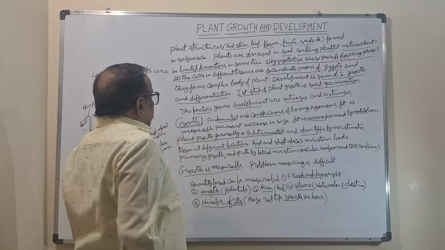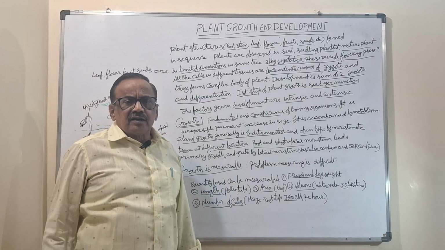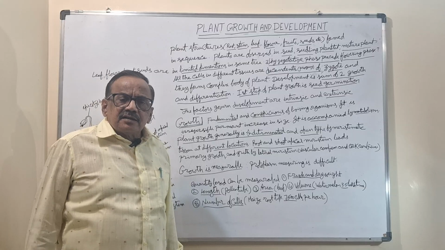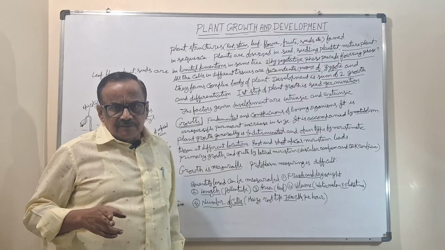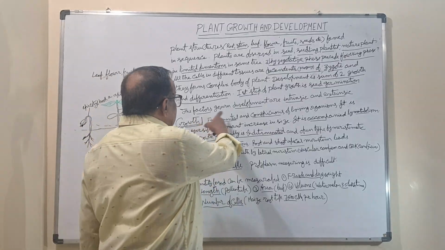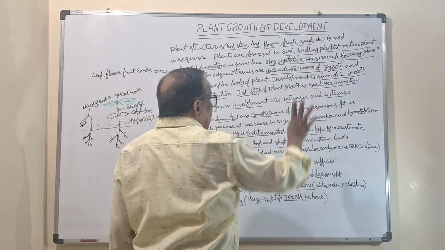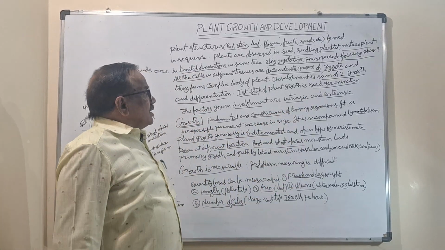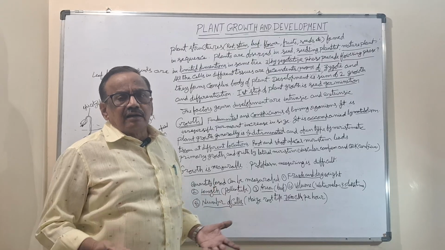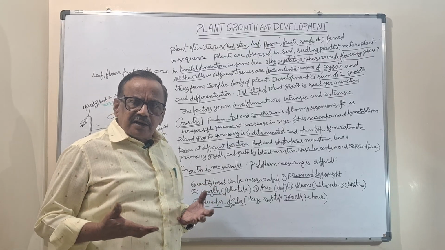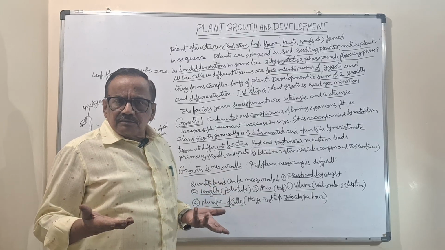This type of development in plants is governed, meaning ruled, by two factors. The factors governing development, you can be asked, are intrinsic and extrinsic. Intrinsic means internal character. Internal means genetic. Each and every metabolic activity is controlled by a gene, which you already know.